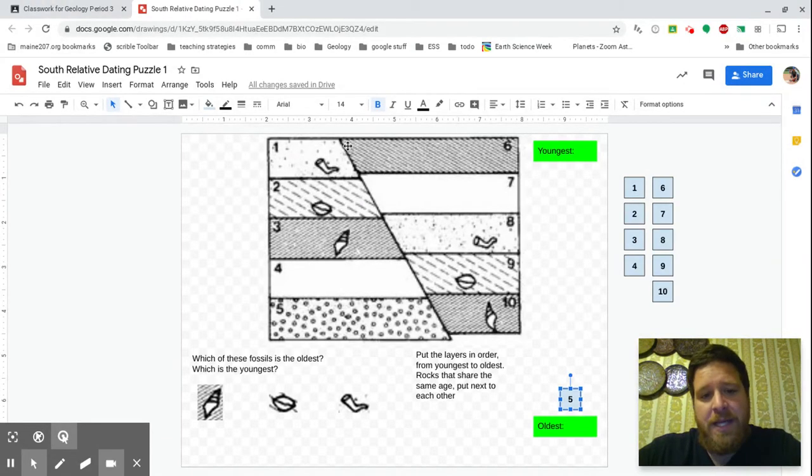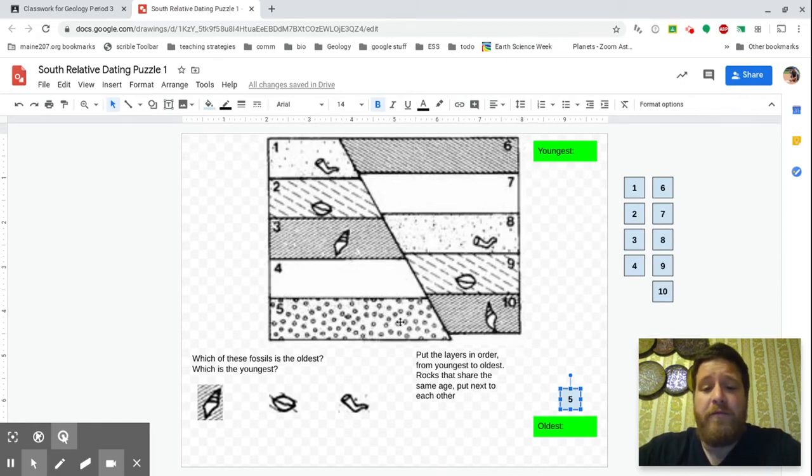And there's this line here showing that there was some kind of tectonic fault, and that would be the law of cross-cutting relationships. So this line happened after rock layer 10, 9, and 8 formed, causing them to move down, or more accurately, causing this side to get pushed up.